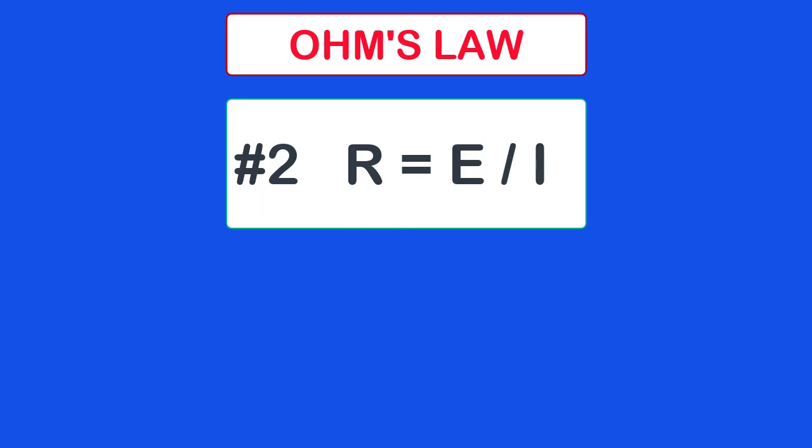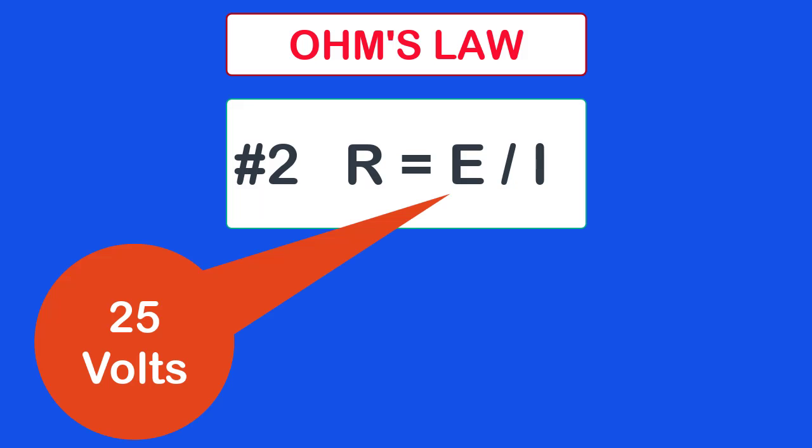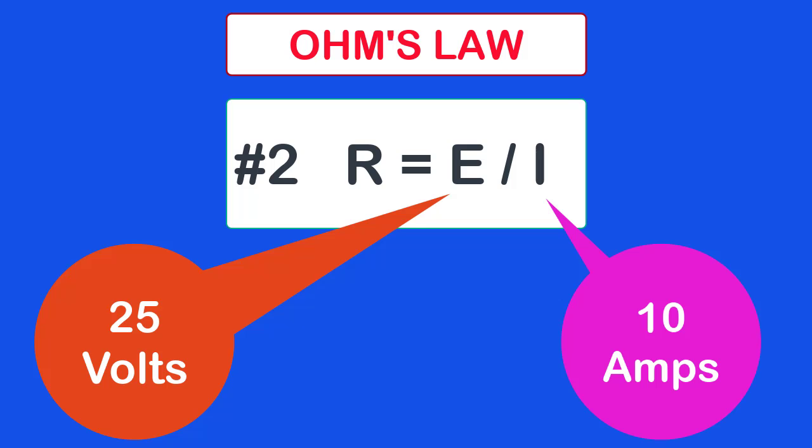Here's another example. If we know that the voltage in a simple circuit is 25 volts, and we know the current in that simple circuit is 10 amps, what's the value of the resistance? Can you do it? Of course. Let's use equation number 2. R equals E divided by I. The resistance is equal to the voltage divided by the current.